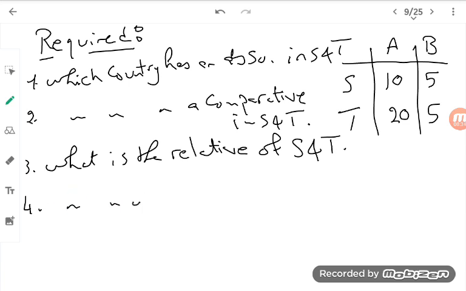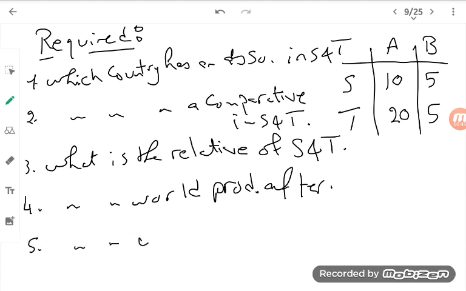What is the world production after specialization? Finally, what is the world gain?